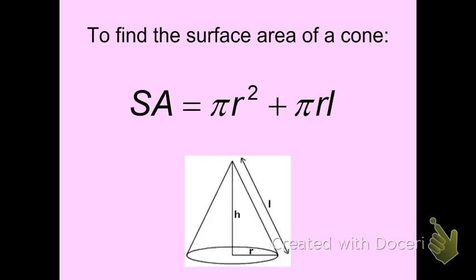Okay, for a cone, it's going to be pi r squared plus pi r l. The pi r squared part is easy to explain. That's just the circle on the bottom. The other part is also explainable.